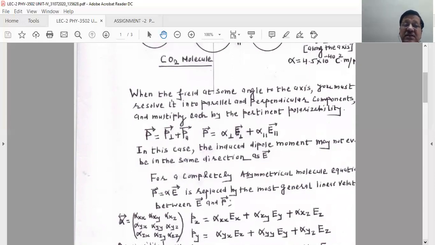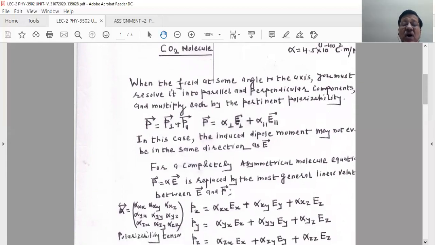So if you have considered the Cartesian coordinate system, then you have to resolve your vector E into the components of the electric field. Since you have three directions, X direction, Y direction, and Z direction, you will get three components of the electric field: Ex, Ey, and Ez.